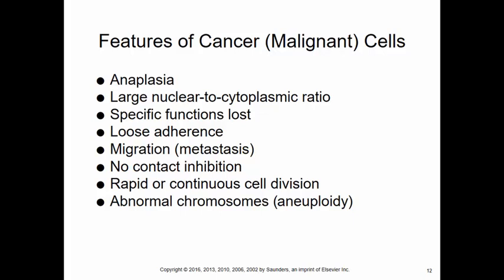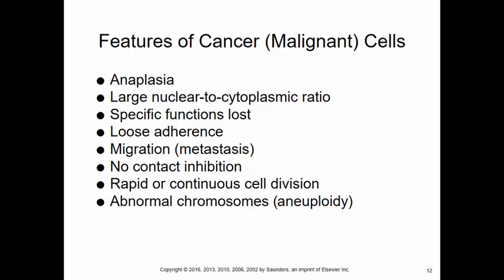So a cancer cell, a malignant cell, bears no resemblance to its parent cell. Size, shape, morphology are all different from the parent cell. You can't take a malignant cell and say, oh, this looks just like the skin cell it came from. They don't look like it.